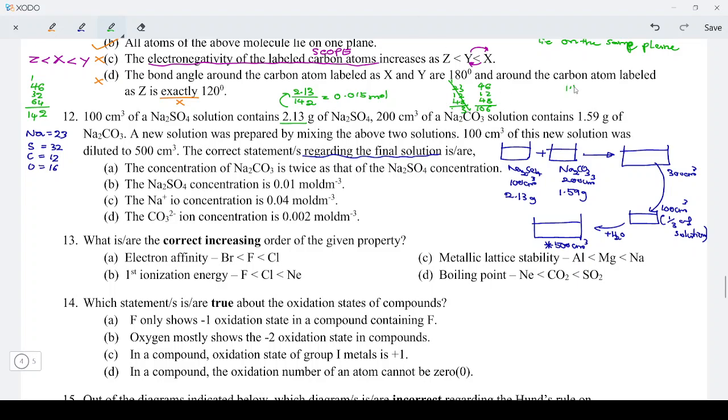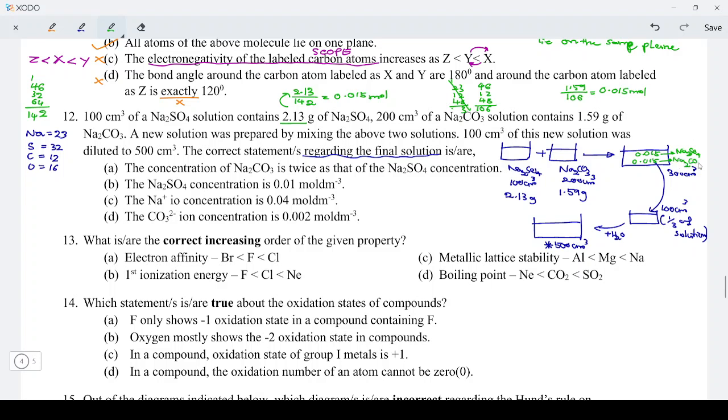So 1.59 divided by 106 also gives the same number of moles, 0.015 moles. Now these numbers of moles are there in their respective solutions. Once you mix them together, the same number of moles will be here: 0.015 from sodium sulfate and 0.015 from sodium carbonate.